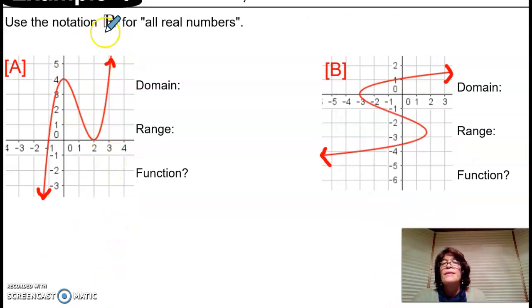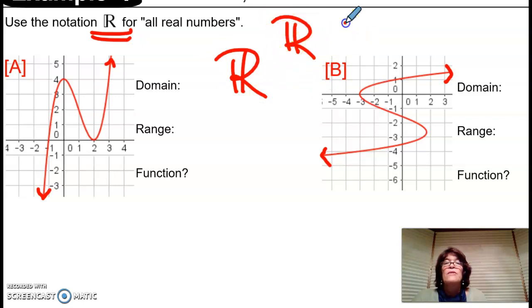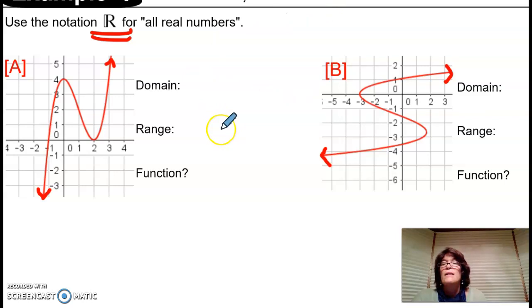And then this is the notation we use often for all real numbers. You make a big R with, instead of just R, two lines and then R. That means all real numbers, -infinity to infinity. So the domain here, since this goes forever down and forever up, the domain is all reals, the range is all reals.